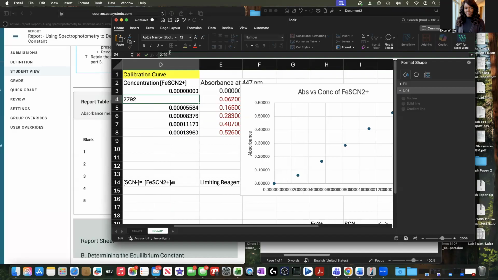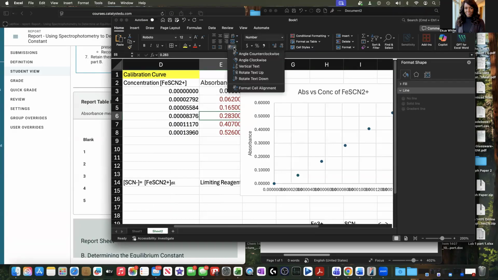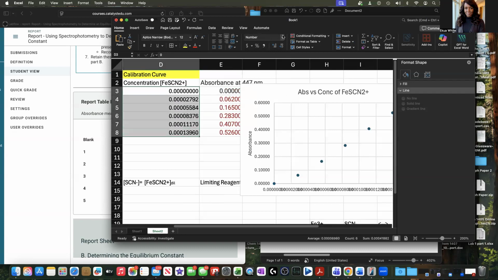Should be a way to write these numbers in scientific notation. Can I change the format here? Number, Scientific. Oh, I got it.